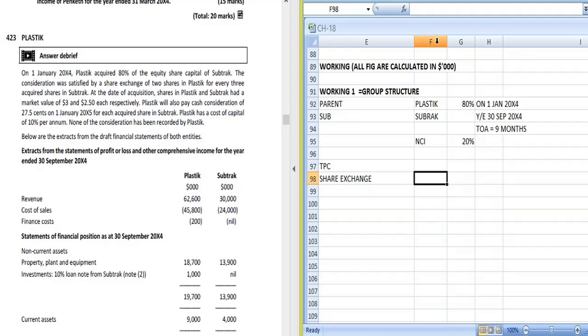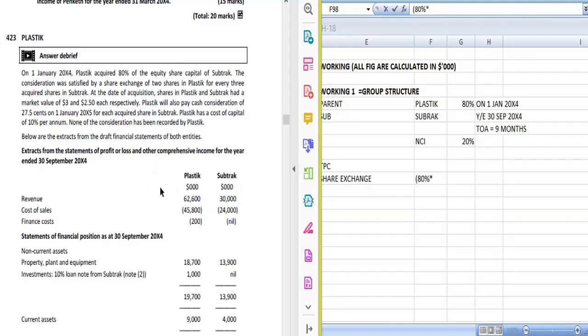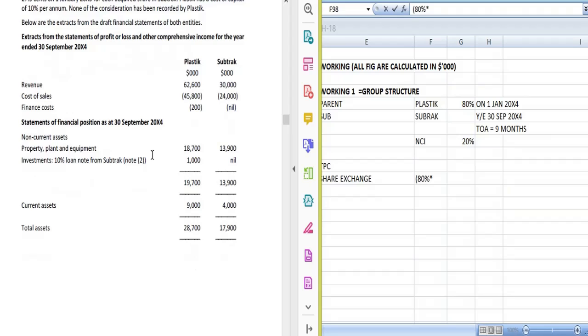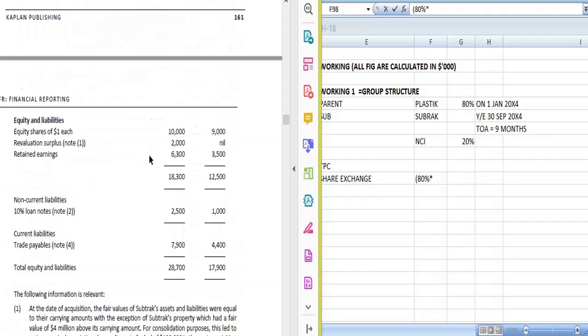Here, first we will take 80% of the total shares of Subtract. And where can we get this information? From the balance sheet of the subsidiary. In the equity section, the equity share of $1 is there. 1 means the nominal value.